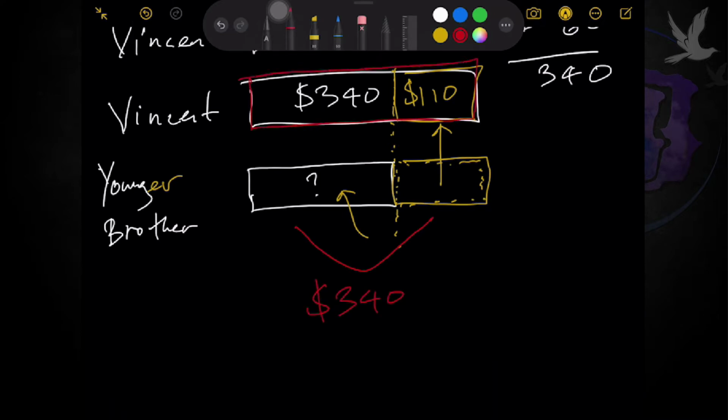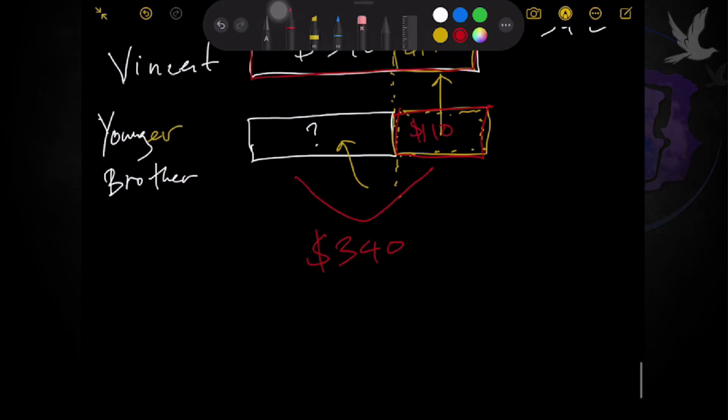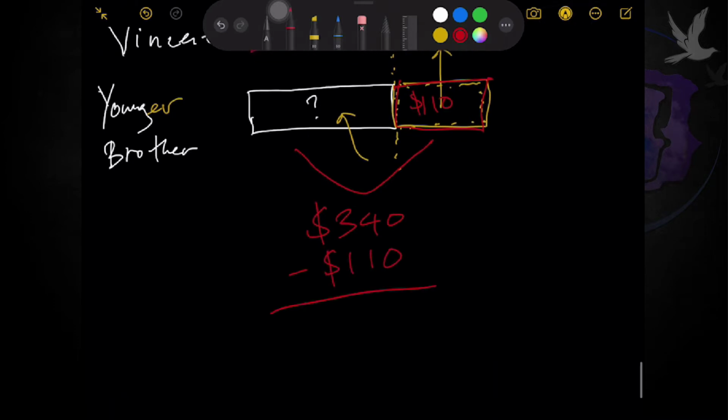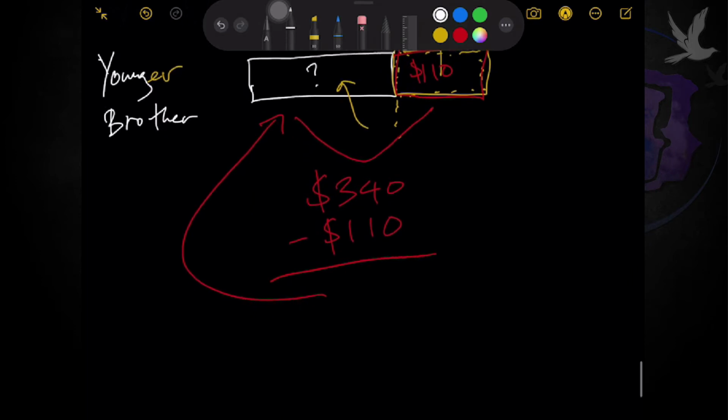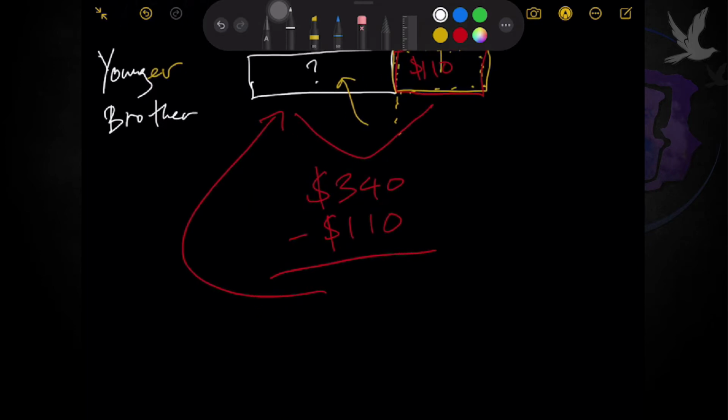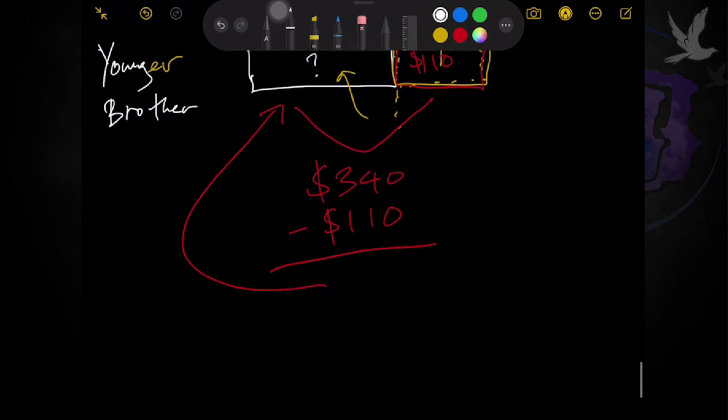But there's a missing chunk here, which the younger brother doesn't have. And how much is it? That's 110. So we need to remove it from 340, from our total, to get the remaining value, which is that one. Okay? So that's for number 9. Okay, so number 10 tayo.